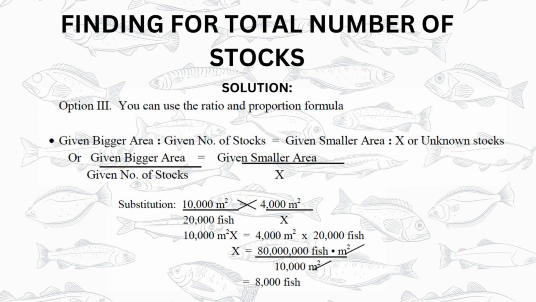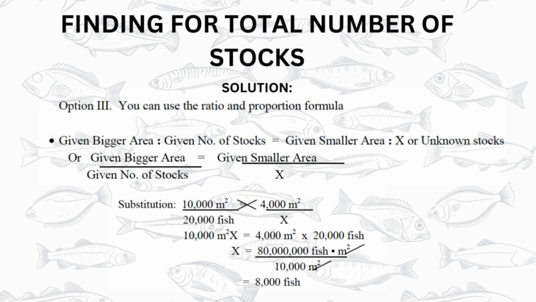Just substitute the values. Now we have 10,000 square meters, which came from 1 hectare converted into square meters, over 20,000 fish. Then we cross multiply it to 4,000 square meters over X. In solving this problem, it is expressed in an algebraic equation to get the unknown value. 10,000 square meters times X is equal to 4,000 square meters times 20,000 fish.